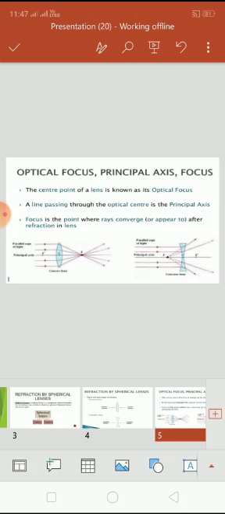Optical focus: the center point of a lens is known as optical focus. Optical center: the point in the lens through which rays of light pass undeviated is the optical center, which is denoted by the capital letter C. Principal focus: the point on the principal axis where incident rays of light parallel to the principal axis meet or appear to meet after refracting through a lens is called the principal focus, denoted by capital F. Focal length is the distance between the optical center and the principal focus, denoted by small f.